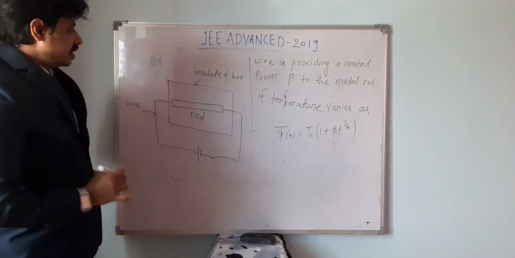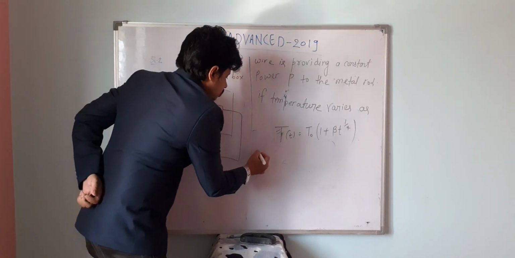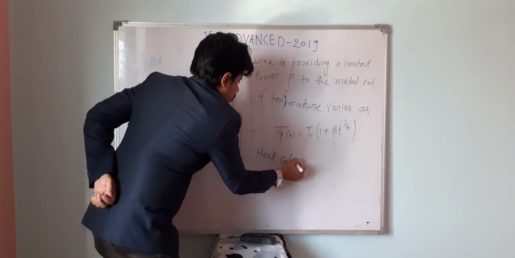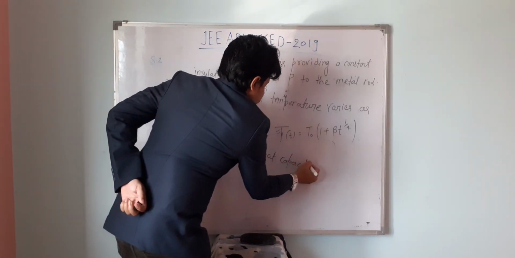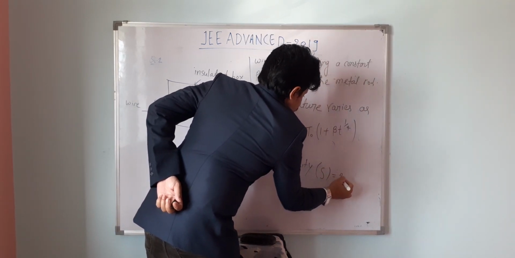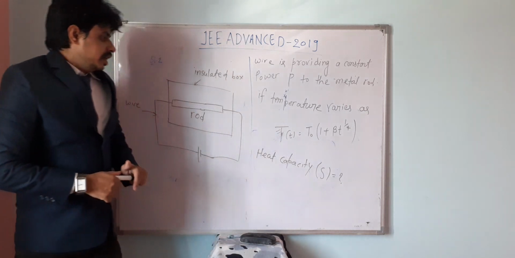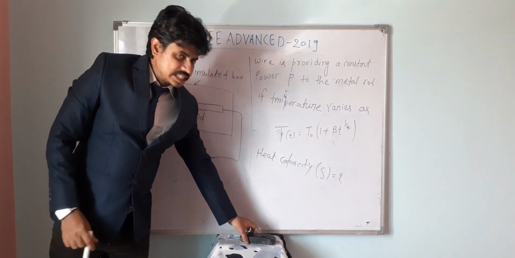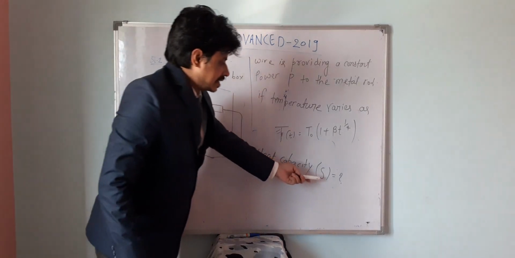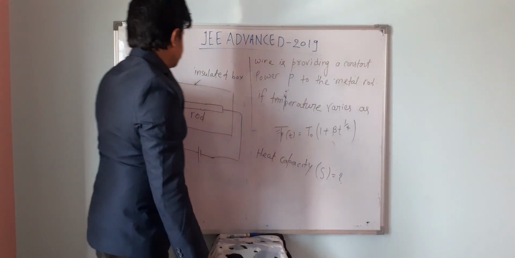We have to find the heat capacity, capital S. It is heat capacity, not the specific heat capacity. So it is the capital S. Capital S stands for heat capacity.